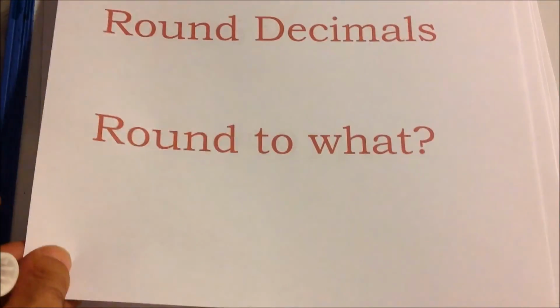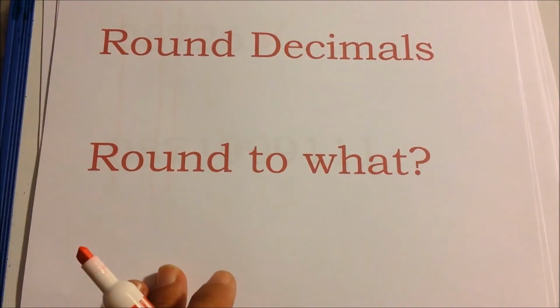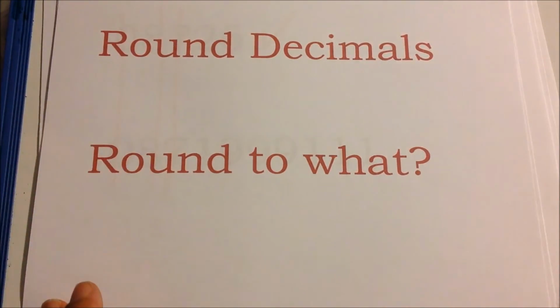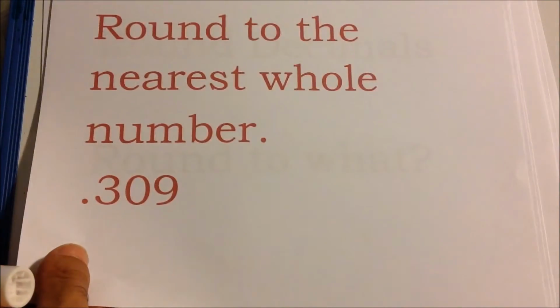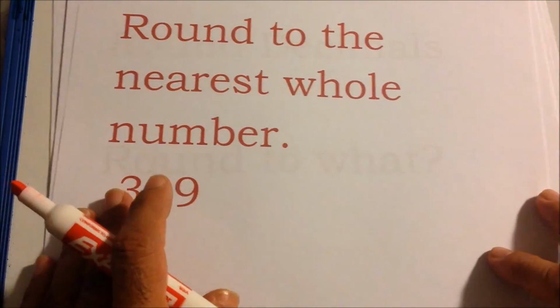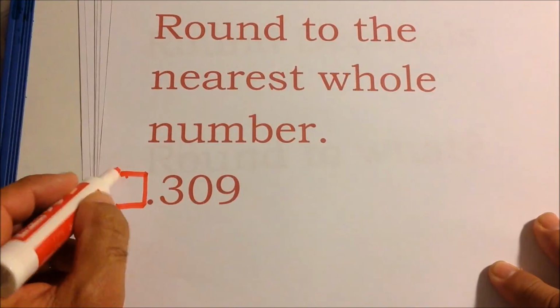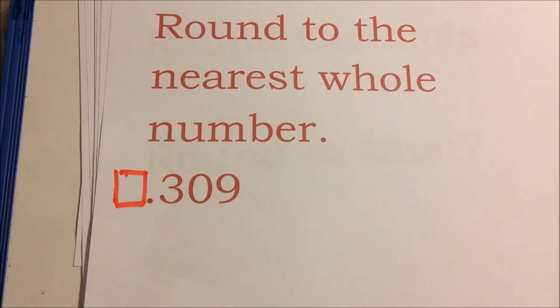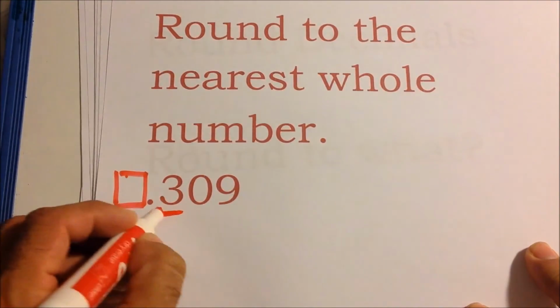And the last thing we talked about is rounding decimals. And before we can round, remember, we can't round unless we know what we're rounding to. Round to what? So let's say we had this, round to the nearest whole number. So the nearest whole number would be right over here in this box. So it's either going to be a 1 or a 0. And we always look to the right.